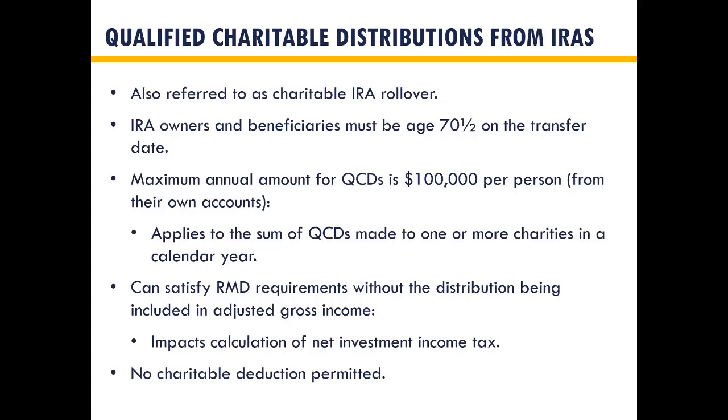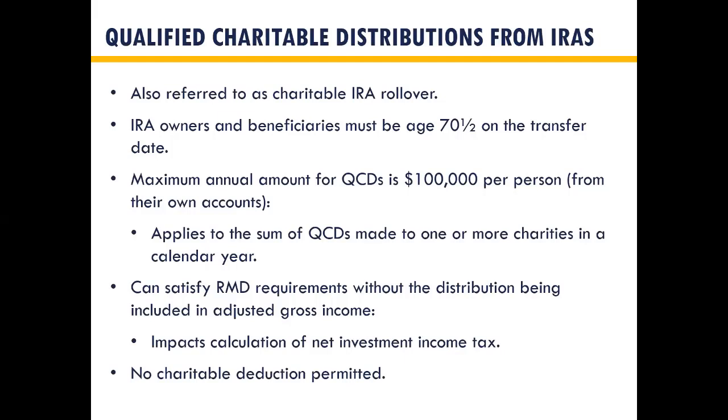There is no charitable deduction permitted for this type of transfer from a qualified IRA to the charitable organization, but the donor also does not have to include that distribution in their income. That's the biggest incentive: it helps with income management. There are things such as Medicare premiums that are driven by adjusted gross income.